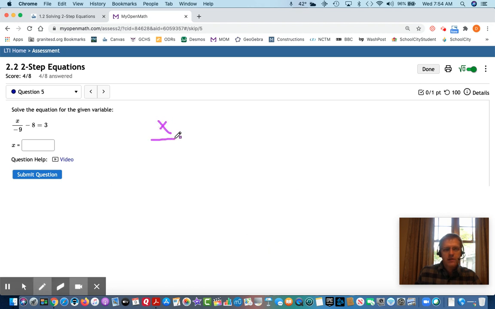Let's take a look at this one. Here we have x over negative 9 minus 8 is equal to 3. So if it were me, I would add 8 first on both sides.